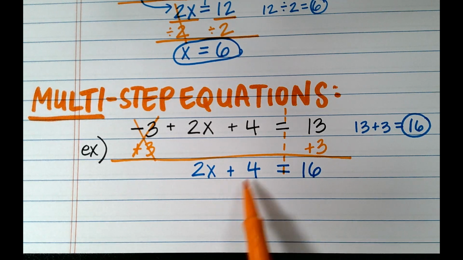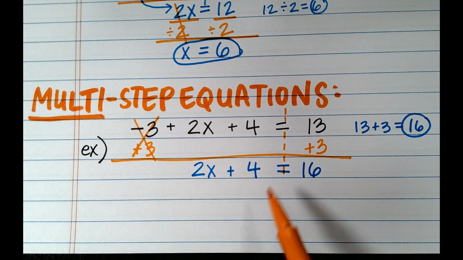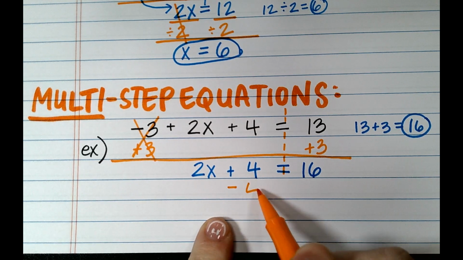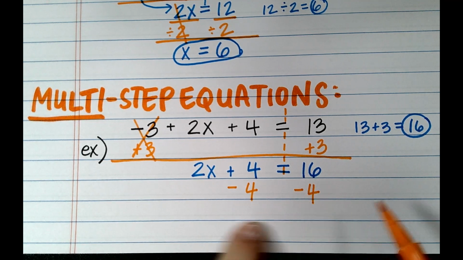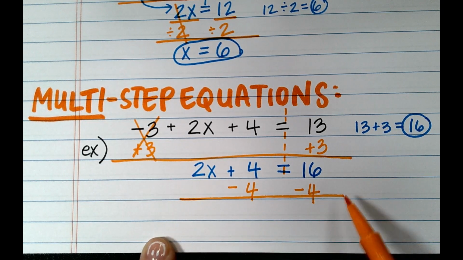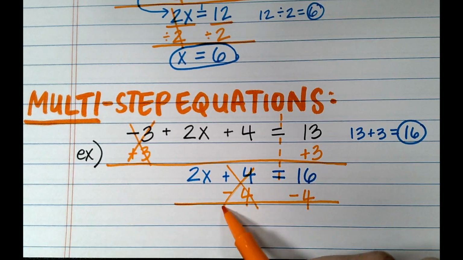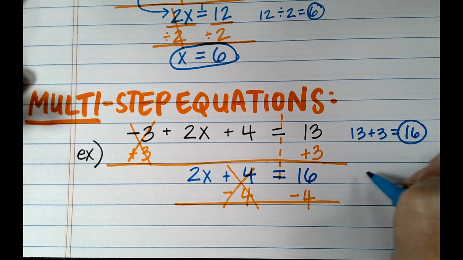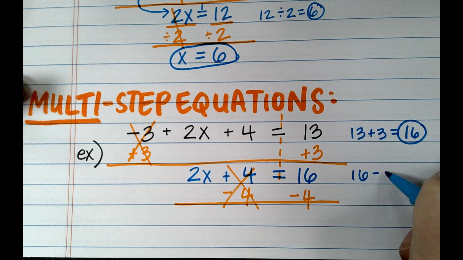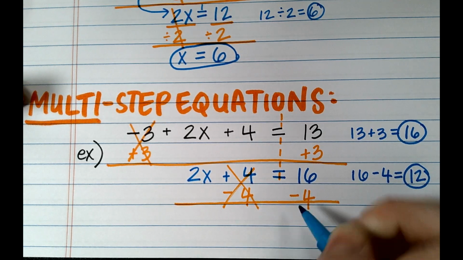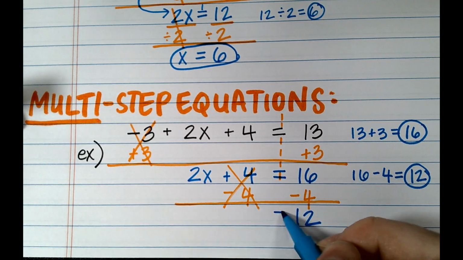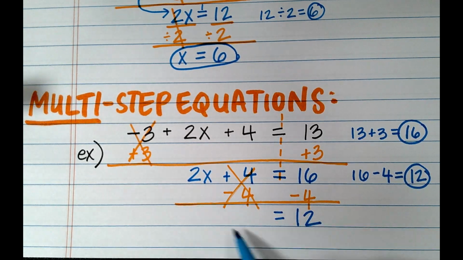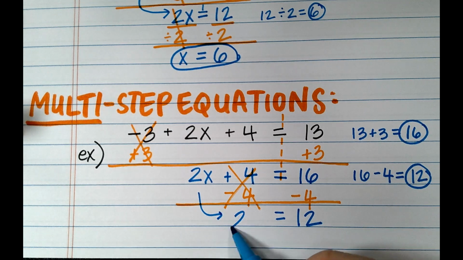How do I get rid of plus 4? 4 from 4 and from 16. Yes, cancel the 4s. 16 minus 4 is 12. There's no more 4, so just the 2x comes down.